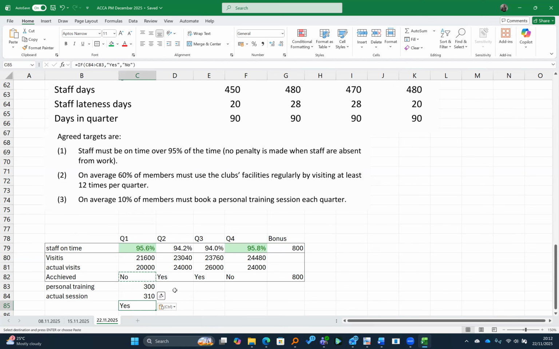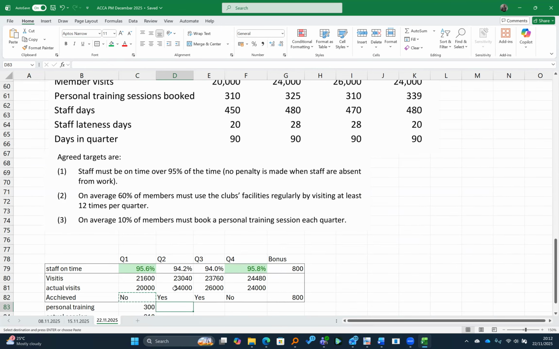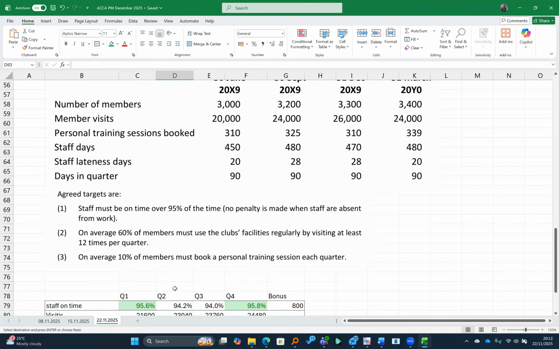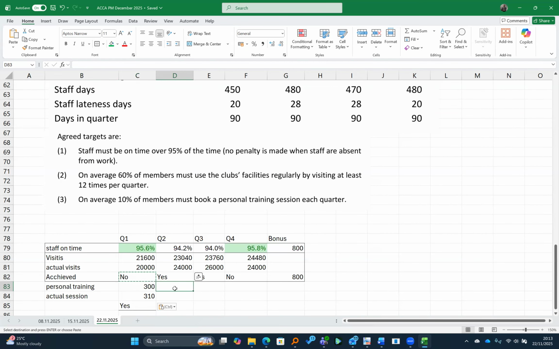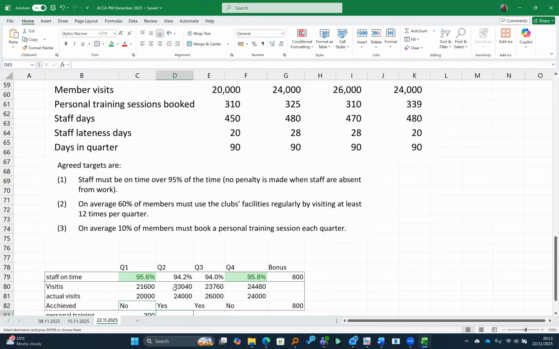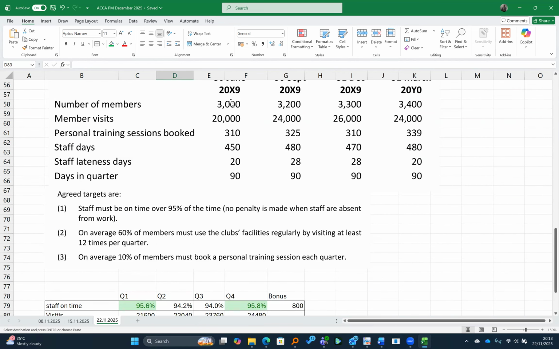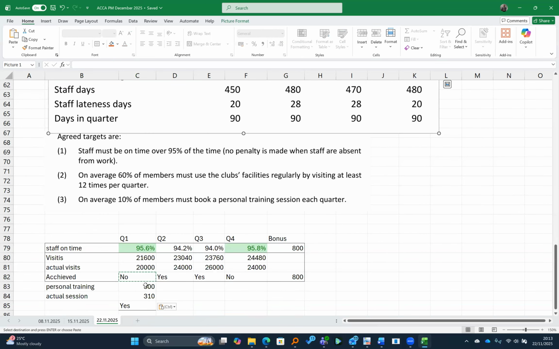But they said on average, 10% of the members must book a training session each quarter. So that means that if you are looking at 3,000 people, on average the sessions should be 300 if 10% booked.